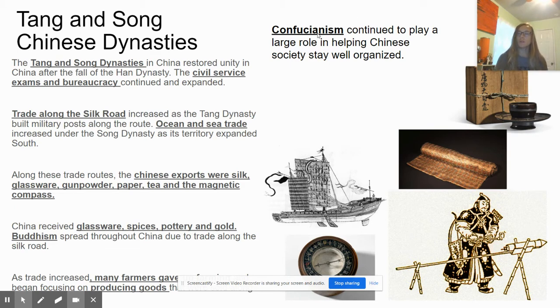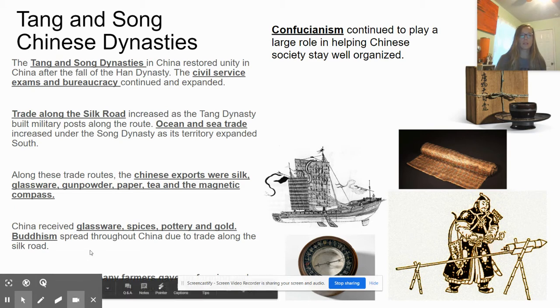So just to remind you, Confucianism is really going to help China to maintain this very kind of strict social hierarchy and very well organized society because people are very dedicated to fulfilling their specific roles in society.